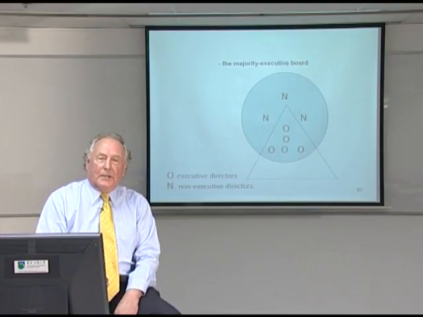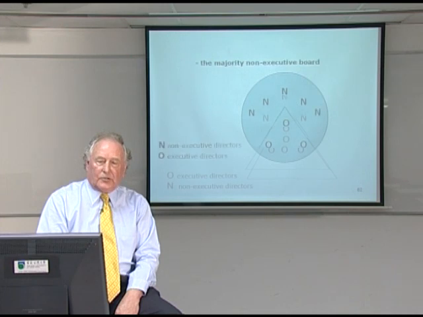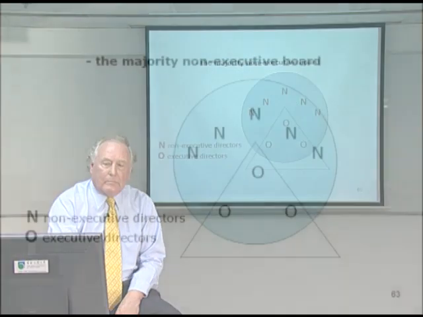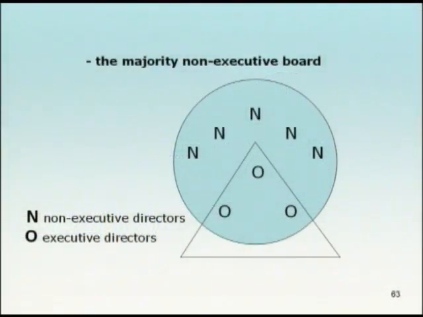It's now all changed. The latest data on the structure of companies listed on the London Stock Exchange show boards comprising a majority of non-executive directors. But still notice from the 1970s, 1980s, no real distinction between those non-executives who were independent and those who were connected.